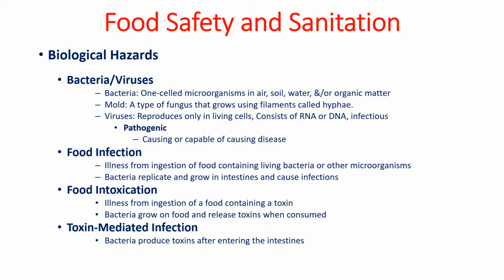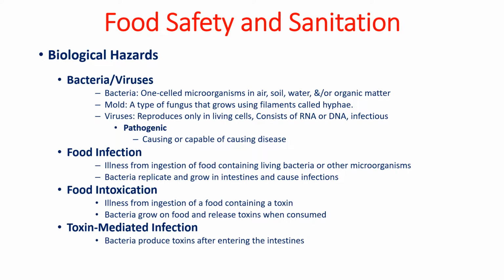There are different types of viruses that can cause foodborne illness. Viruses are different than bacteria and mold. There's always debate as to whether or not viruses are living organisms.